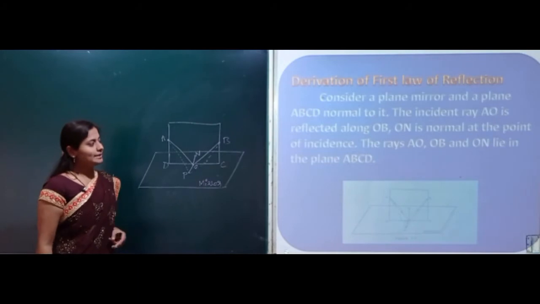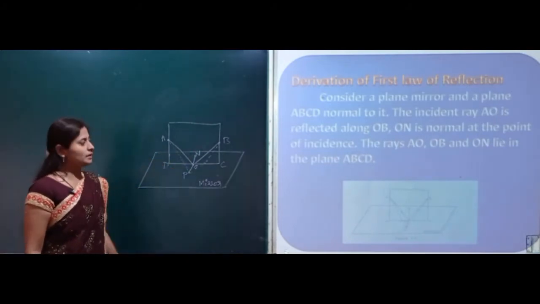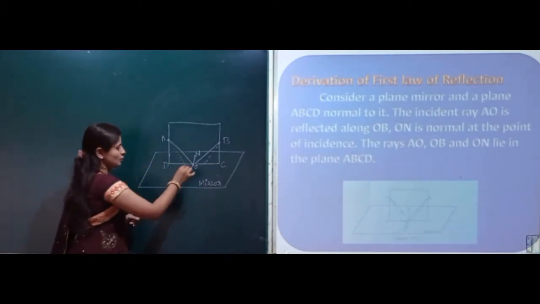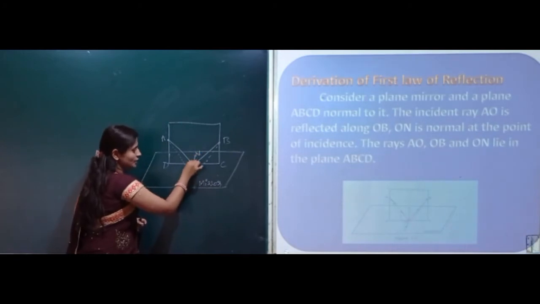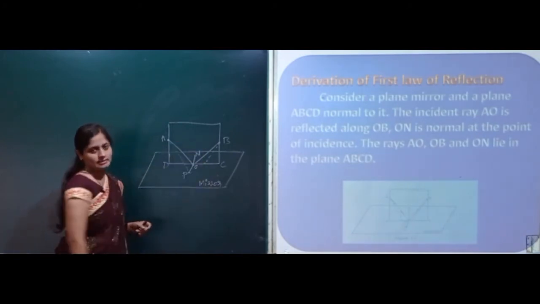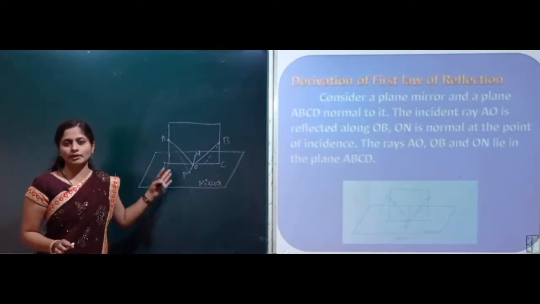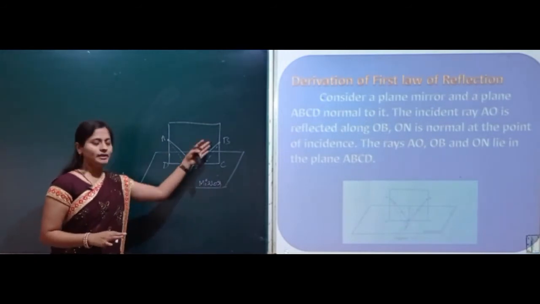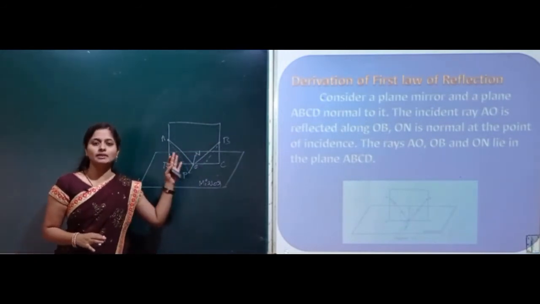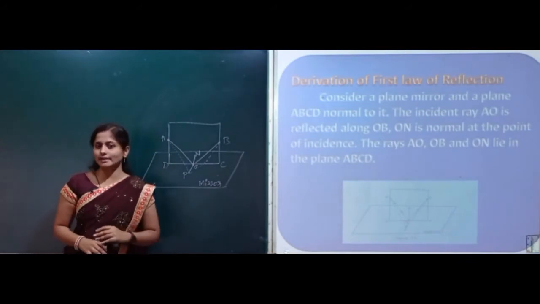ON is the normal at the point of incidence. Here AO is the incident ray, OB is the reflected ray, and ON is the normal at the point of incidence.